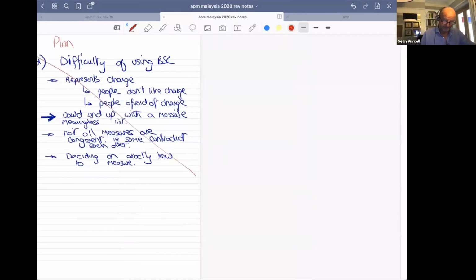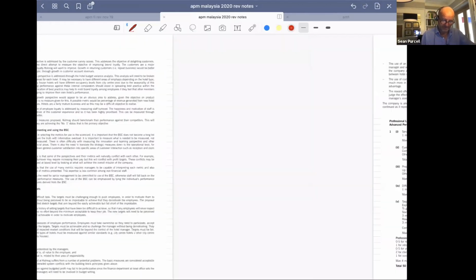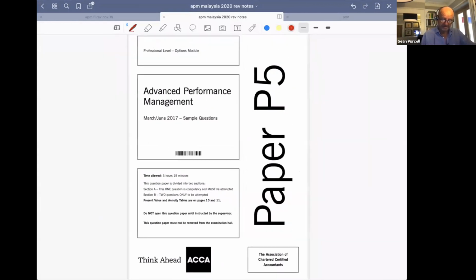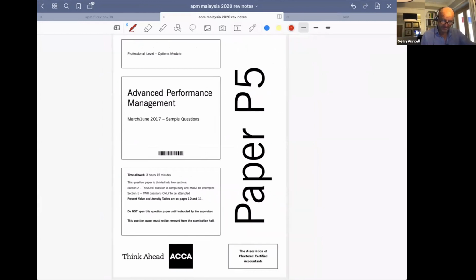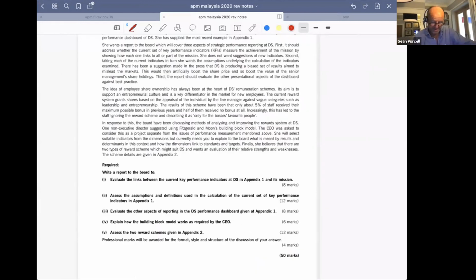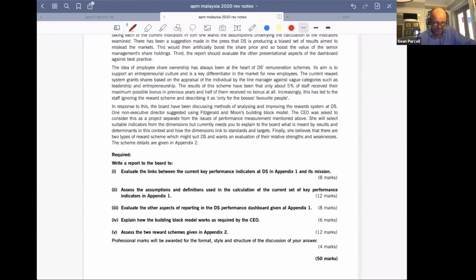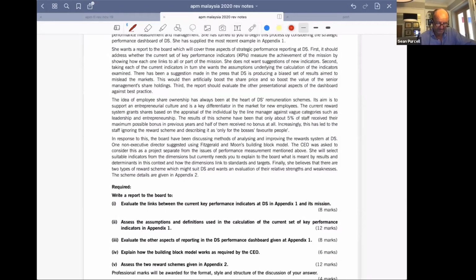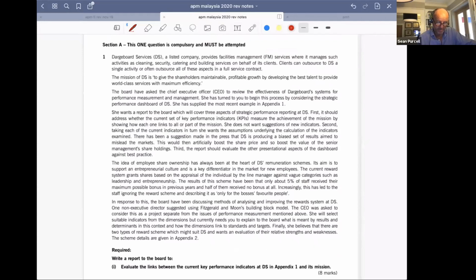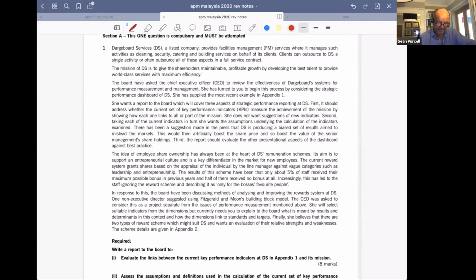Okay, fine. So let's move on to another example. I've got a question here, which you'll find on the ACCA website from March, June 2017. Let's have a look at taking a question apart. So this is about a facilities management company who people outsource services to.